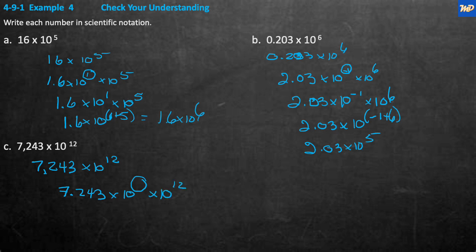What do we have to do to 7.243 to make it look like 7,243? Well, we have to move the decimal point 1, 2, 3 times. That means multiply by 1,000, which is 10 to the 3rd. So 7.243 times 10 to the 3 plus 12 is equal to 7.243 times 10 to the 15th power.